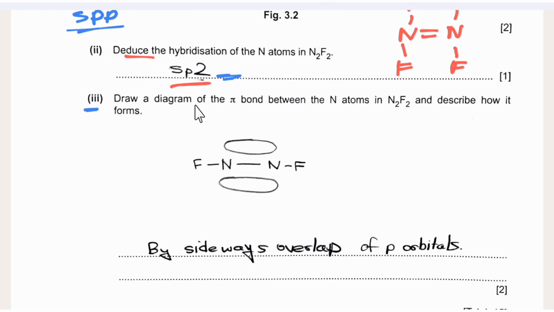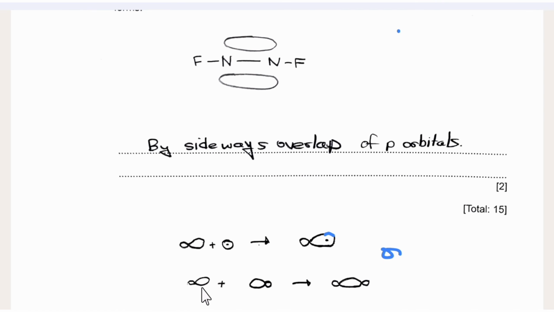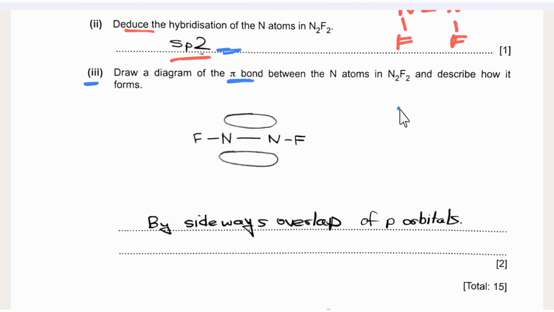In part 3, draw a diagram to show the pi bond. A sigma bond is formed by head-on overlap, and this is also a sigma bond. But a pi bond is formed by sideways overlap. So we need to show the pi bond and describe how it forms.